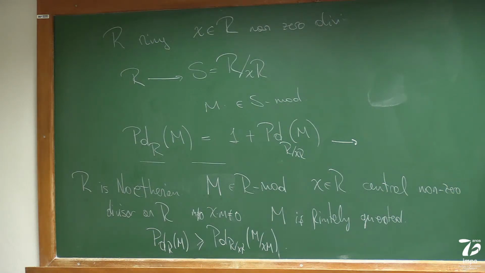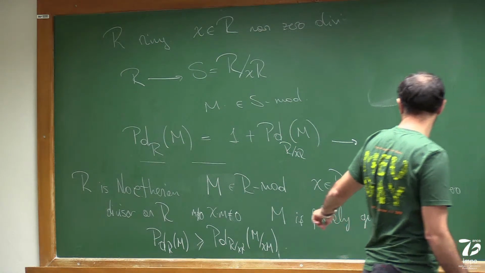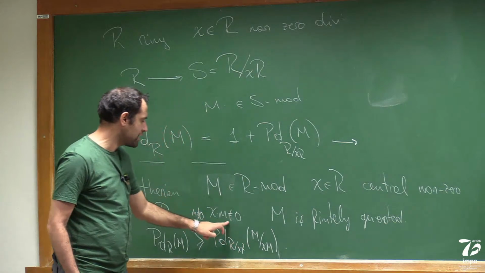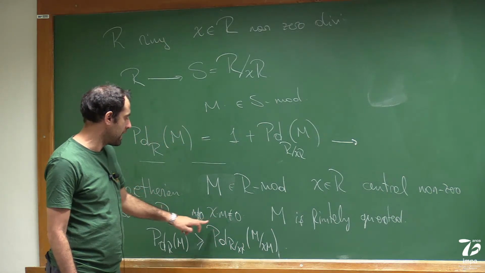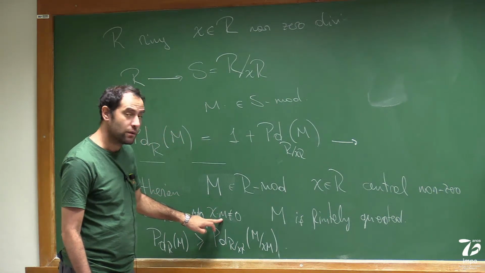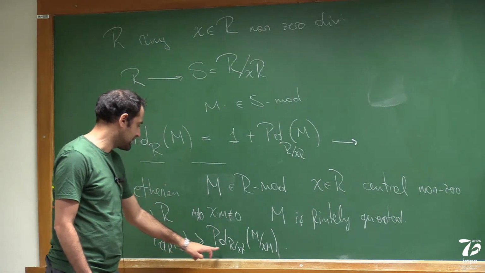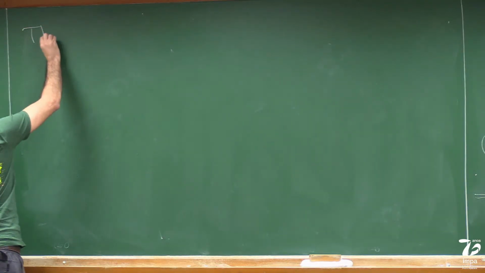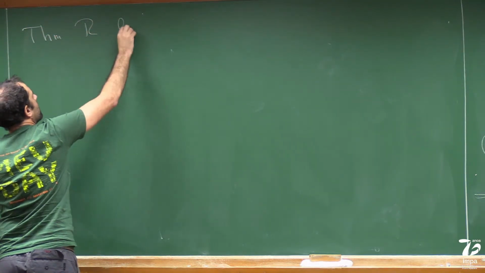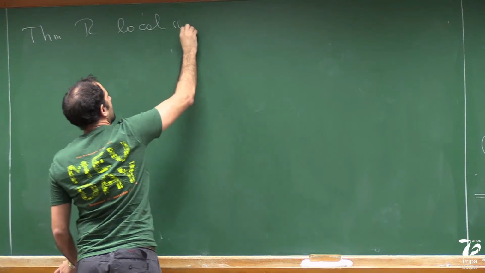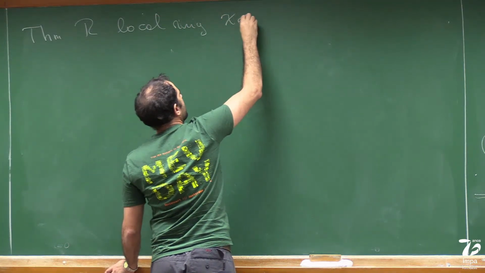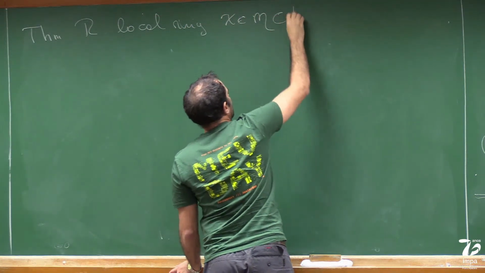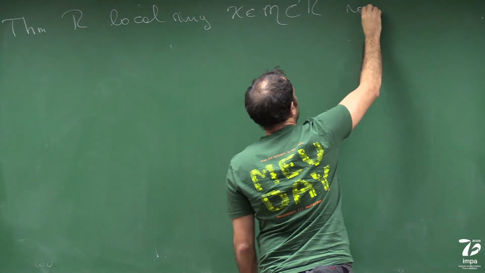So for local rings, understanding the reduction modulo an element that vanishes at the closed point, so an element in the maximal ideal which is a non-zero divisor, satisfies an equality. So the theorem is this. Let R be a local ring and x inside of the maximal ideal of R a non-zero divisor.